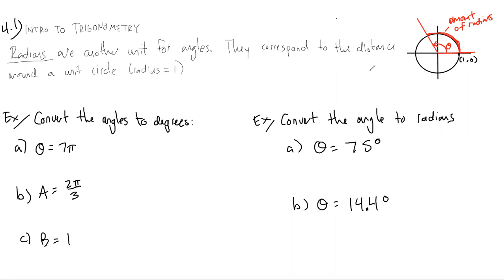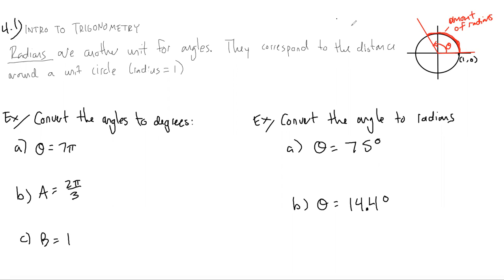So instead of thinking of the angle in this picture as an angle in degrees, what we would think about is the distance you would travel along the circumference of a unit circle if you had traveled through that angle.